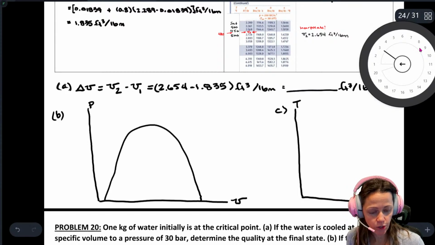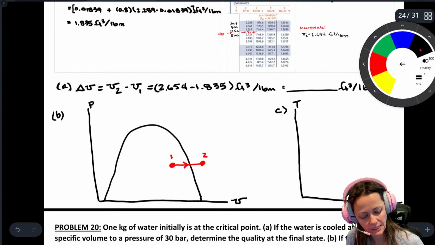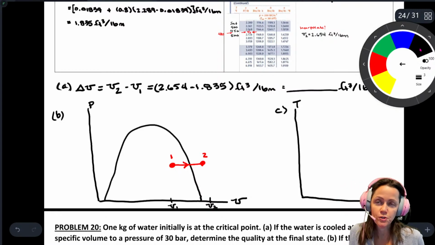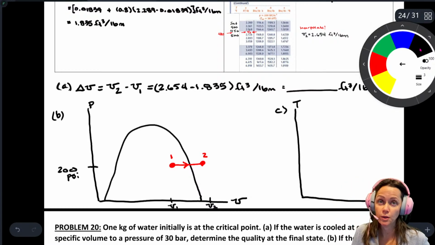So you start out obviously in that two-phase region, and then a constant pressure process out to the superheated region. So that's pretty easy. All I'm going to do here is put V2 and V1 because I've got those defined elsewhere, and that's perfectly fine. And then I could put 200 psi here. As long as everything is defined, that's really what I'm looking for.